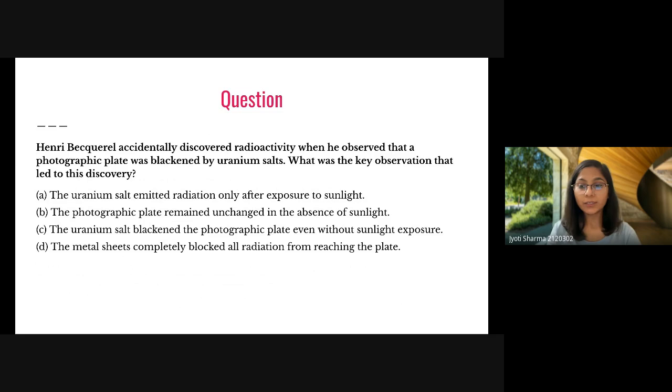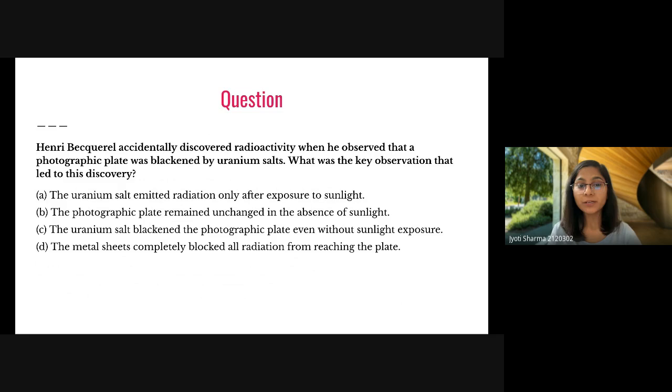Okay, then there is a question on how radioactivity was discovered. There is one scientist, Henri Becquerel. He accidentally discovered radioactivity when he observed that a photographic plate was blackened by uranium salt. What was the key observation that led to this discovery? I have four options.